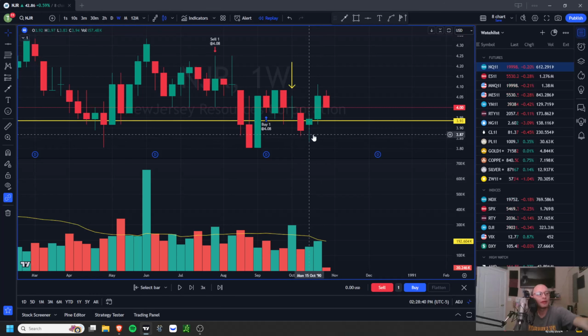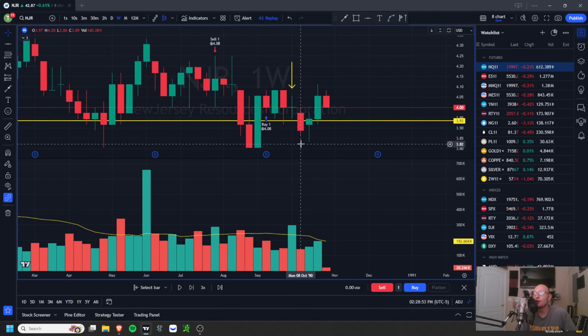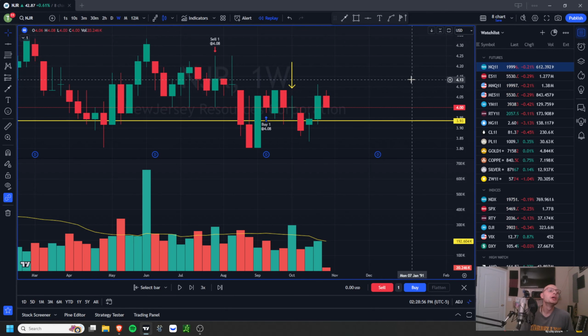If the volume came in at these wicks, hashtag another secret, volume usually comes in on the wicks, then we can understand that volume came in on the wicks, and there was low volume moving through, right? So that's a scenario.